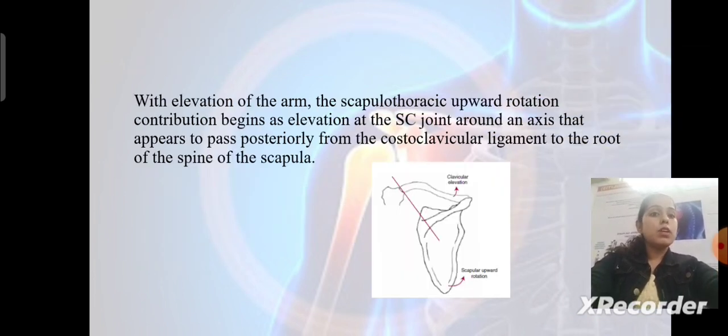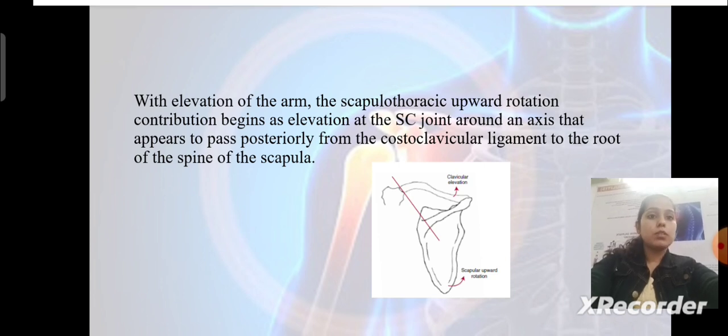With elevation of the arm, the scapulothoracic upward rotation contribution begins as the elevation at the sternoclavicular joint around an axis that appears to pass posteriorly from the costoclavicular ligament to the root of the spine of the scapula.